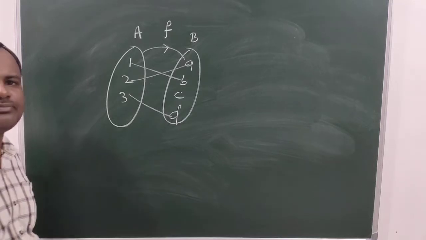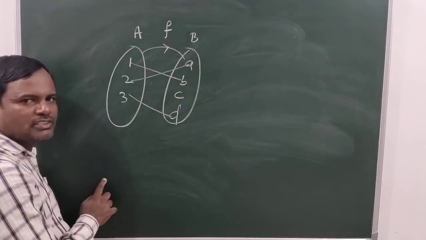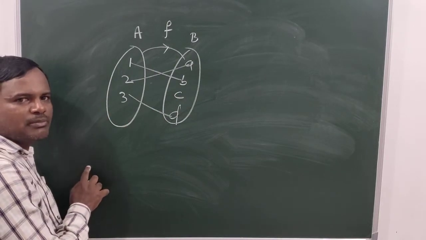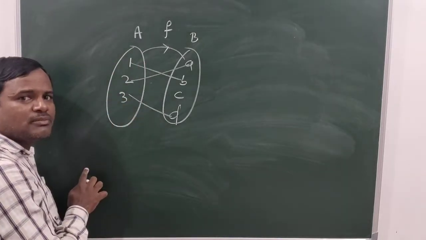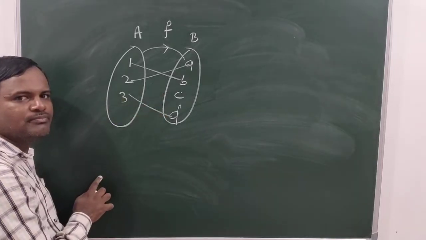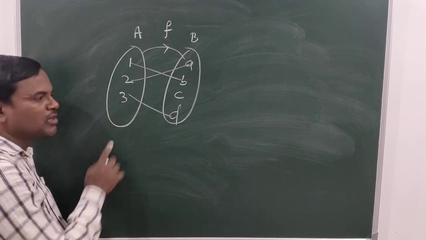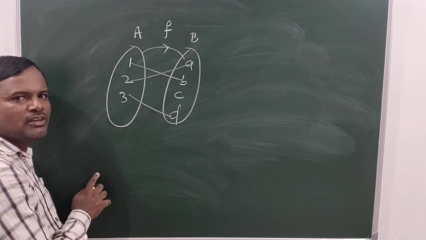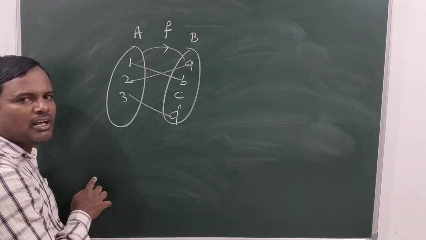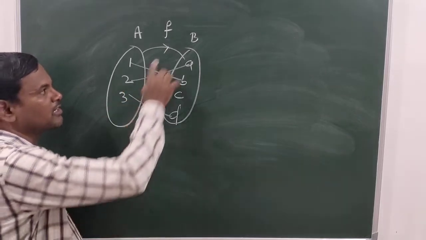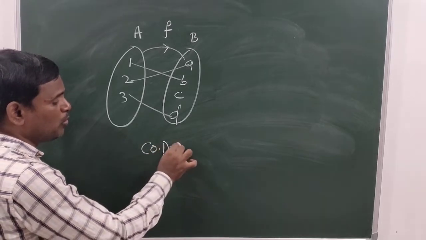Is this a function? Yes. Observe this relation: no element is empty, whichever elements are there in the set A have a unique image from the set B, and no element has more than one image. Hence this relation represents a function. Now, what is the domain? The complete set A will be called the domain of this function, and set B will be called the codomain.